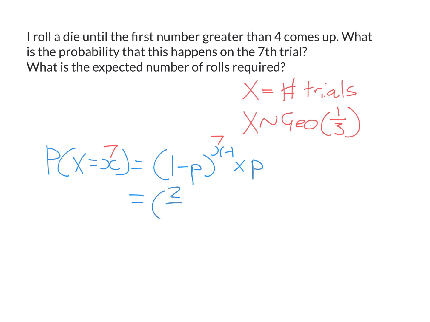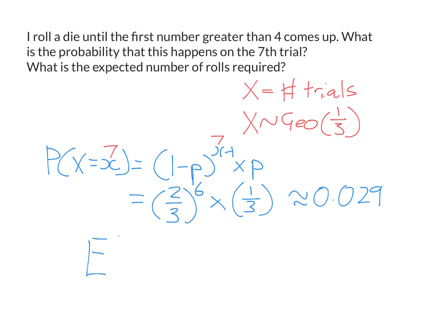So the required probability is the probability of failure to the number of trials minus 1. We want 6 rolls in a row that are not greater than 4, and then we want 1 roll that is greater than 4. And putting that on our calculator, we get about 0.029.